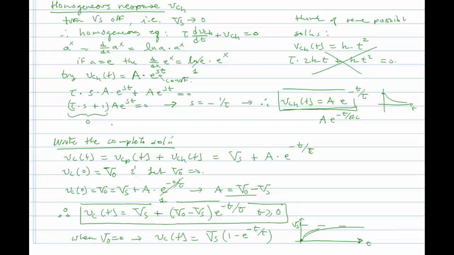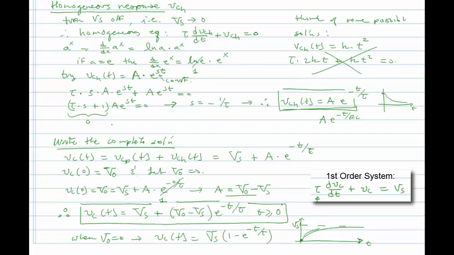Our solution does support what we understood the circuit to exhibit in terms of its response to a constant voltage Vs. So this is the complete solution to a first-order system, and we have found it by first looking at the particular response, or the steady-state response of the system, and then at the homogeneous response.